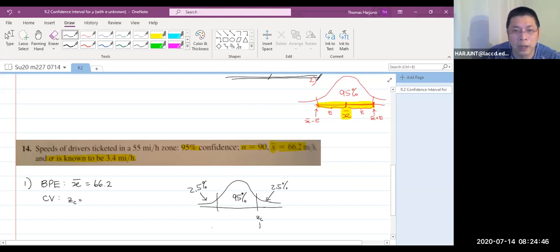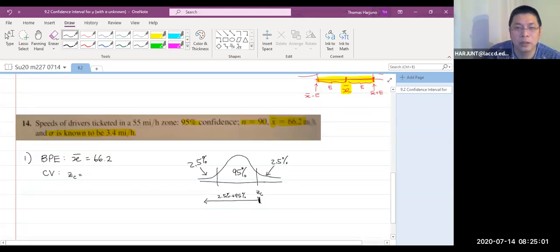To find that, we need the critical value such that the area to the left is 2.5% plus 95%, which will be 97.5%. Now what will the critical value be? What is the z-score? It will be inverse norm of 0.975.